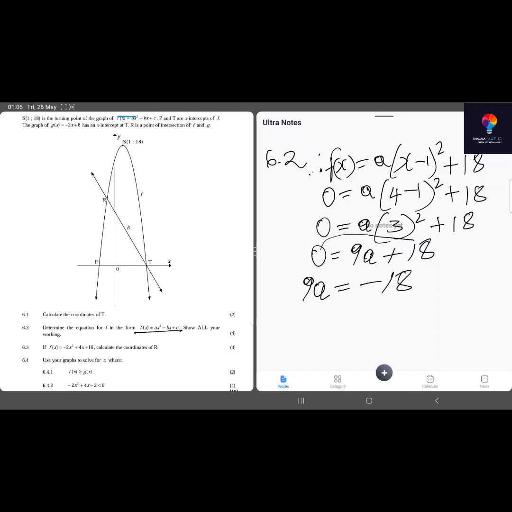For us to get the value of a, we divide by 9. Therefore, a is going to be minus 2.